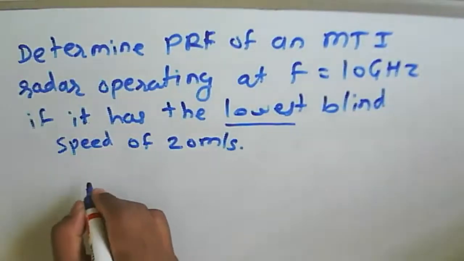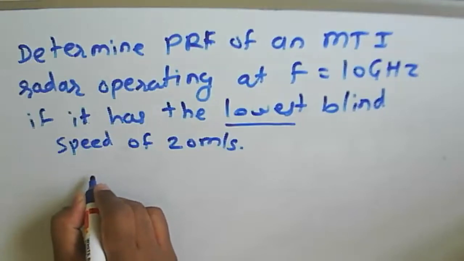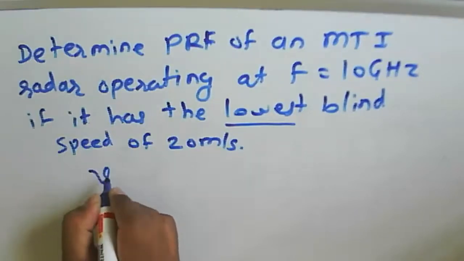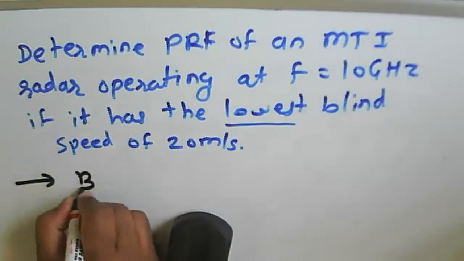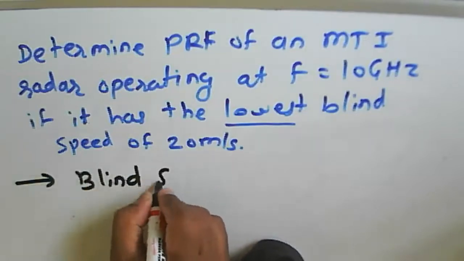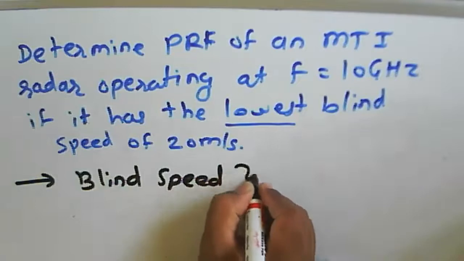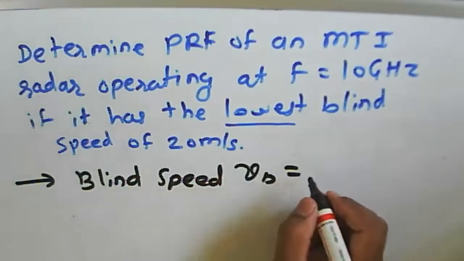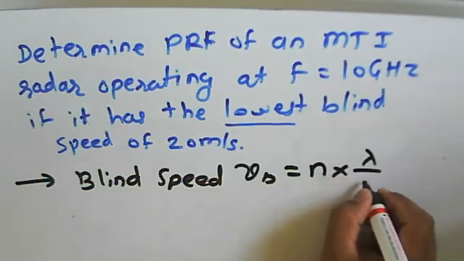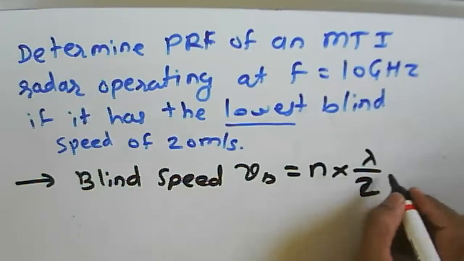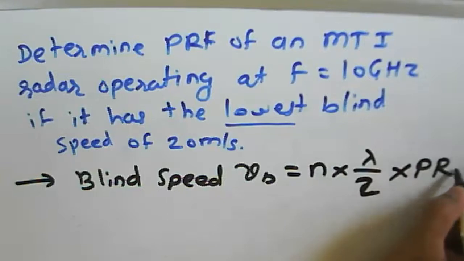So already we know the blind speed equation. What will be the blind speed equation? Blind speed VB is equal to n into lambda by 2 into PRF.